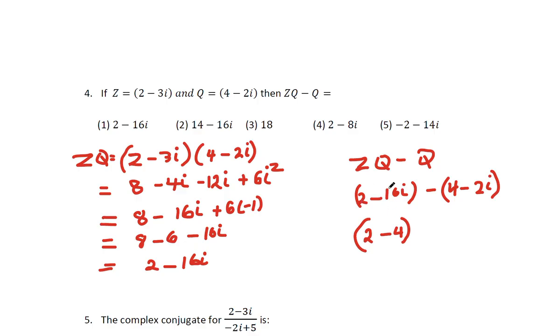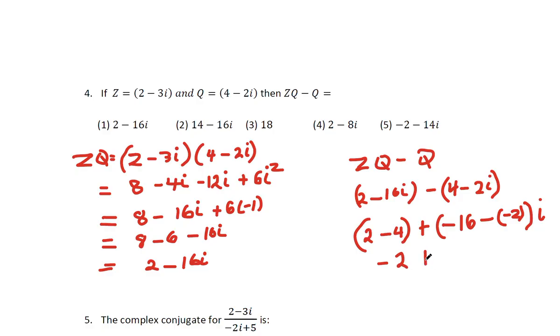Complex numbers in standard form have a real component. The 2 and 4 are the real components in both of these numbers. So it will be 2 minus 4 plus, open bracket, negative 16, which is the coefficient of i in the first bracket, take away negative 2, close that bracket, i. So 2 minus 4 here is going to be negative 2.